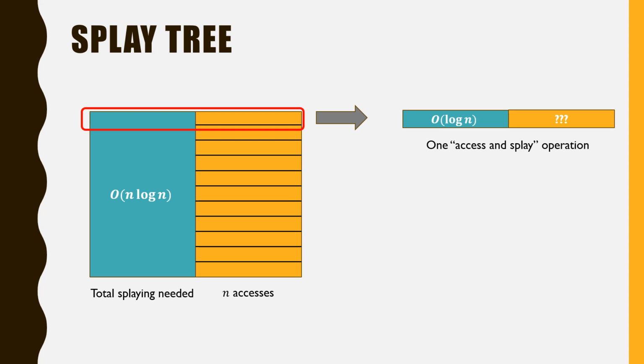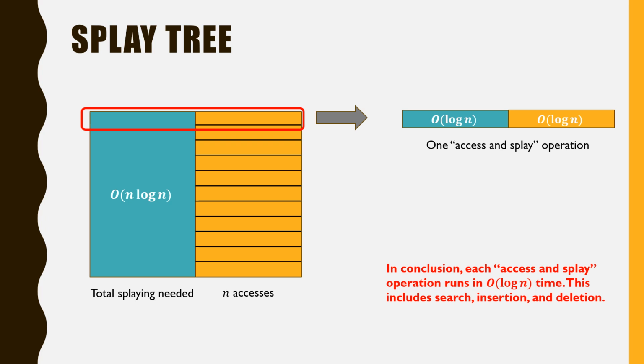Then let's consider the access part of the strip, represented by the yellow section. The access part involves traversing the tree from the root to the target node. The access part of an access and splay operation also takes O(log n) time. This is because both the access and splay operations are applied to the same set of nodes in their traversal path of the tree.